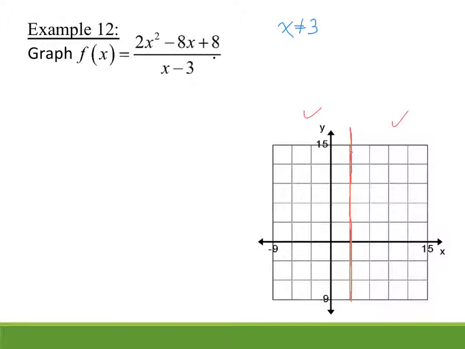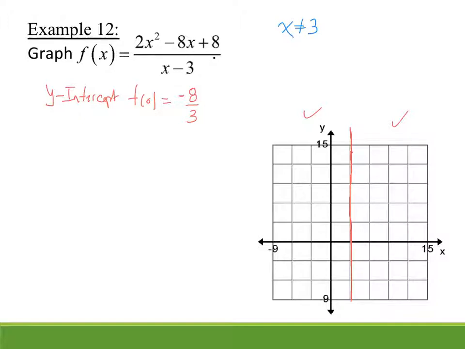And we can find a y-intercept, right? The y-intercept is f at 0, which in this particular case, we get a negative 8/3. So at 0, we have a negative 8/3, which makes it approximately almost a negative 3, but it's not quite.